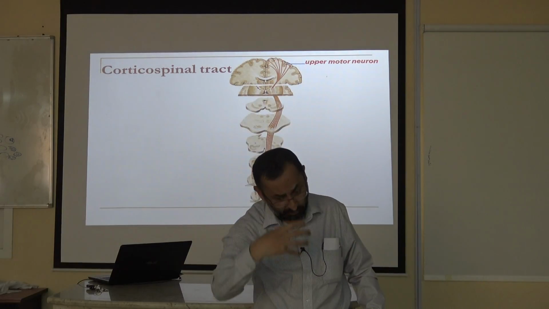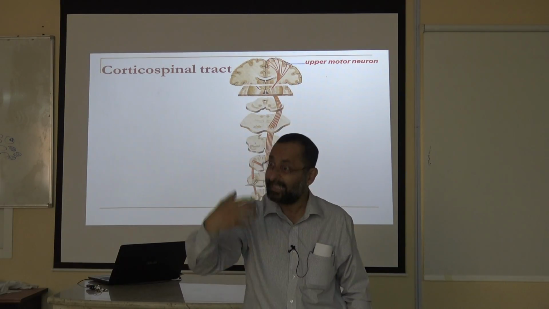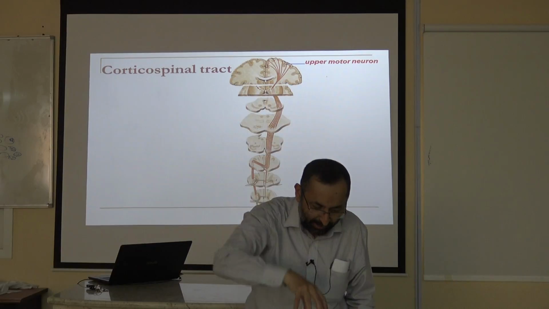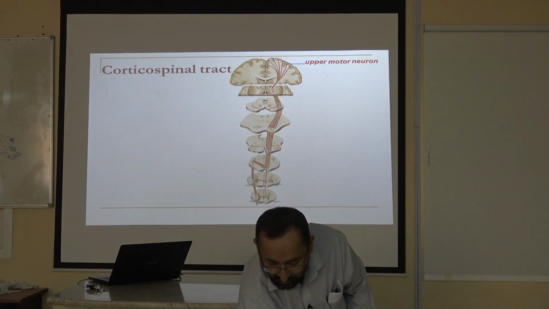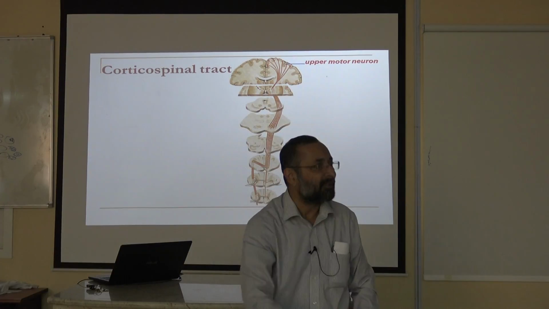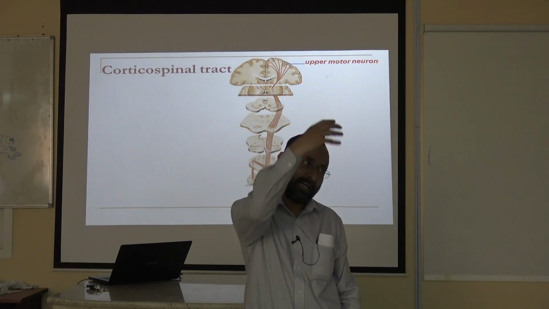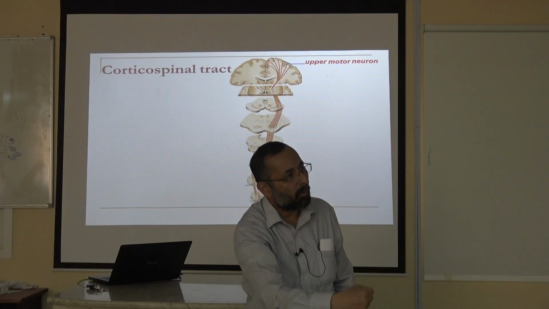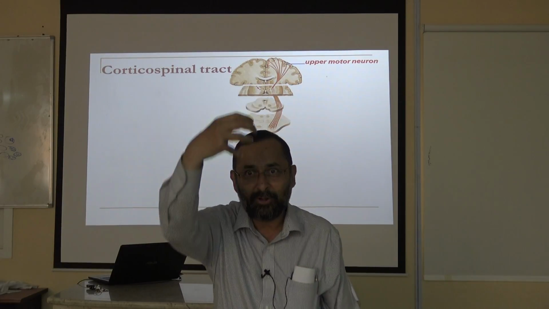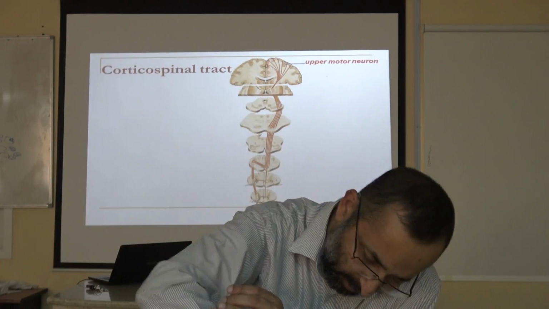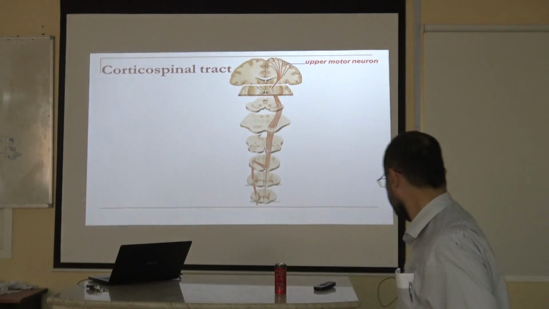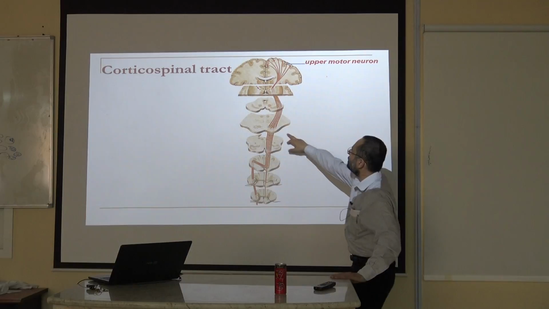Can a tract pass through these nuclei as a single tract? So what will it do? It will divide itself into small bundles, and those bundles will pass between the gaps of the nuclei, and after passing it will again form a single bundle. So in the pons it breaks into bundles and again forms a single tract after that. So it's passing through the pons.